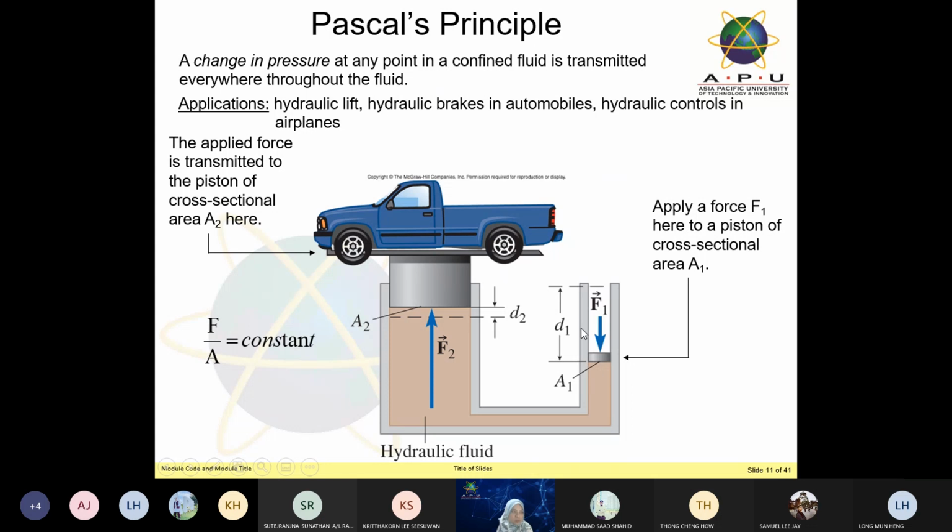So here also P equal to F per A. When we know that the pressure is transmitted to another one, so this is equal to this.